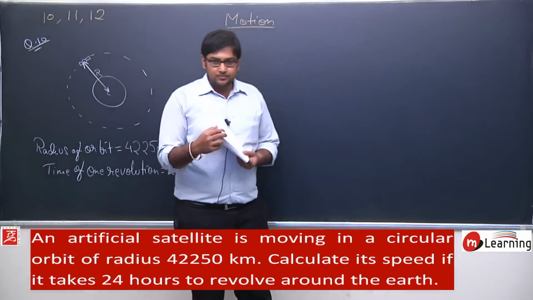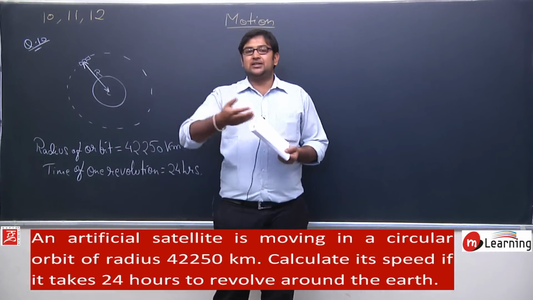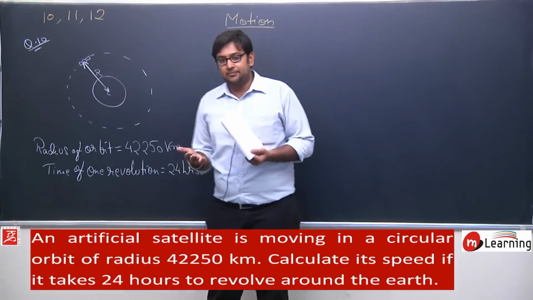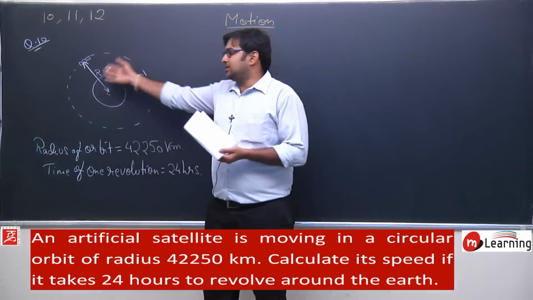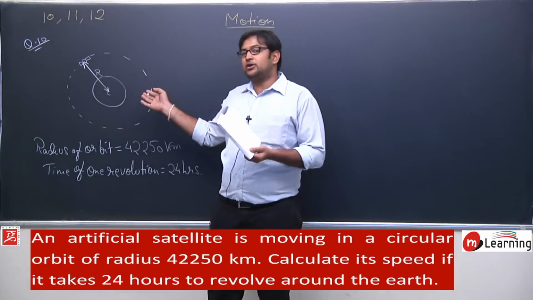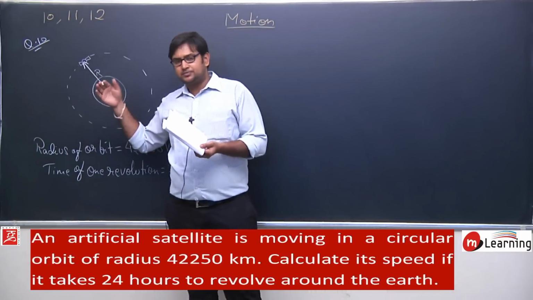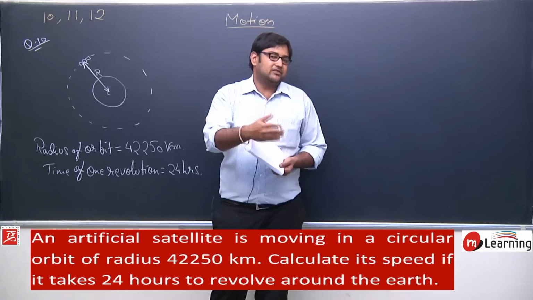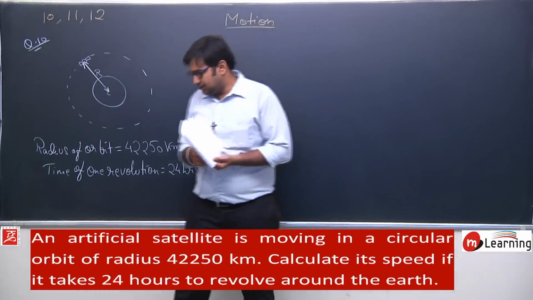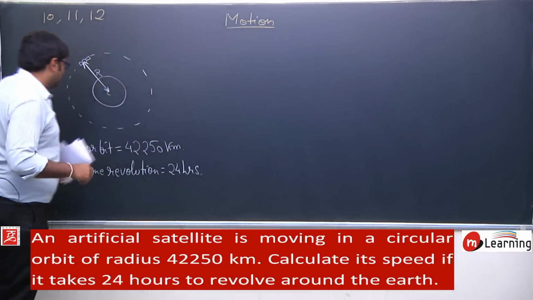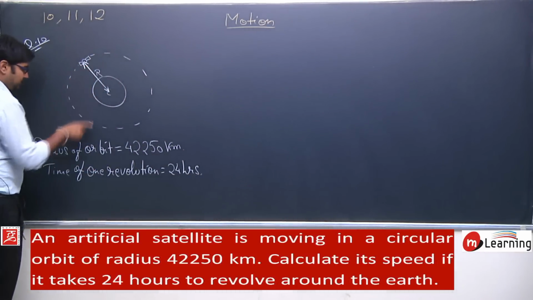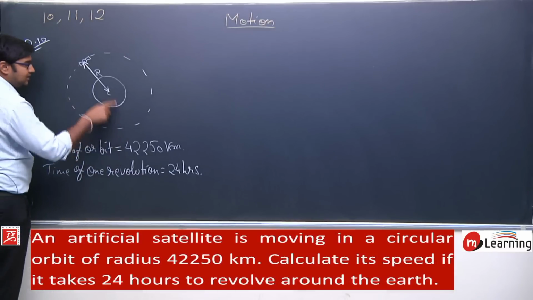If I ask you why it is written as speed, why it is not velocity? Because we are considering the motion in which the satellite is going to have changing velocities. At every point of time, its velocity is going to change. So here, to calculate the speed, I can see the distance travelled by the satellite in 24 hours.